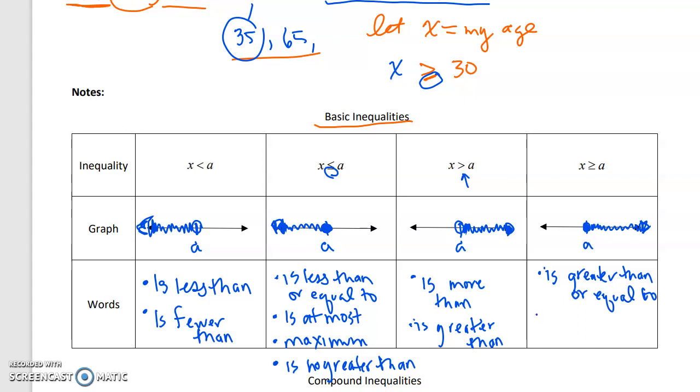So instead of is at most, we could have is at least, which is what we saw in the warm-up. We could also have minimum, or is no less than.